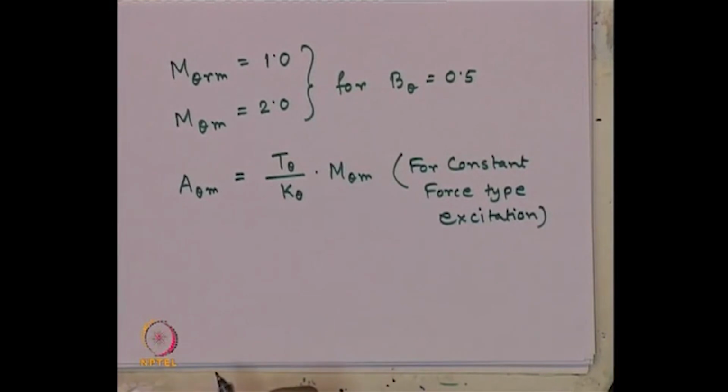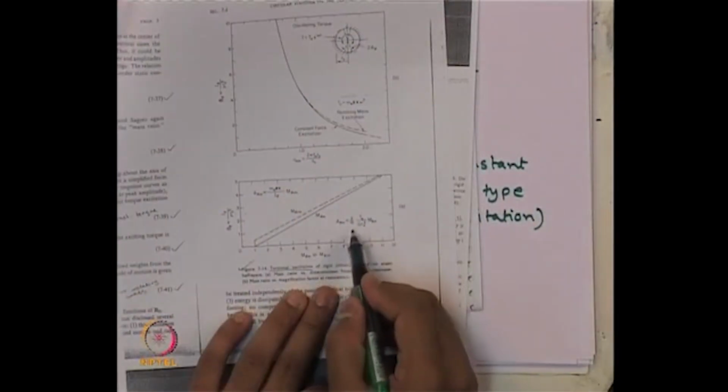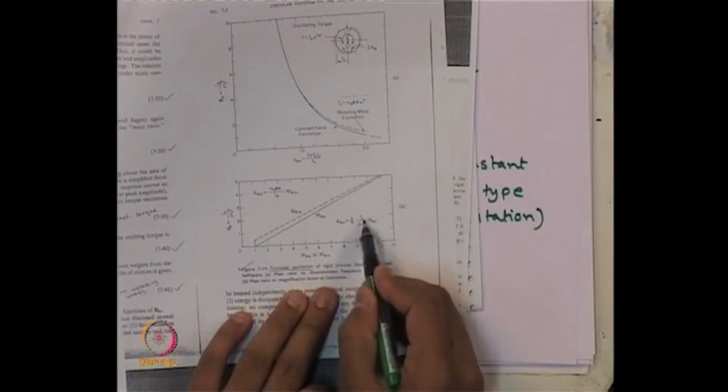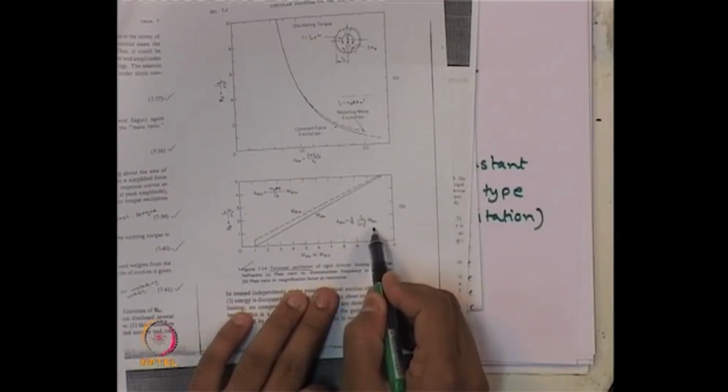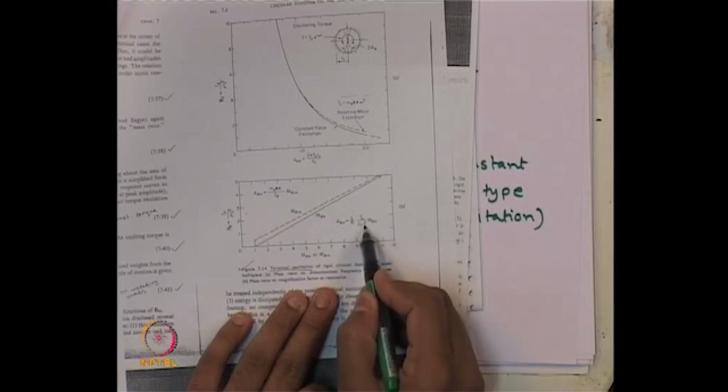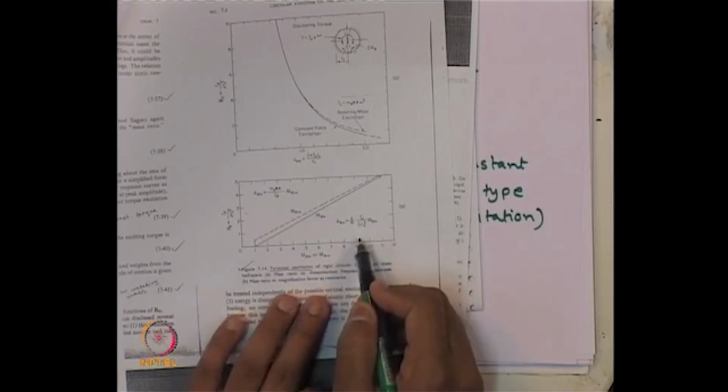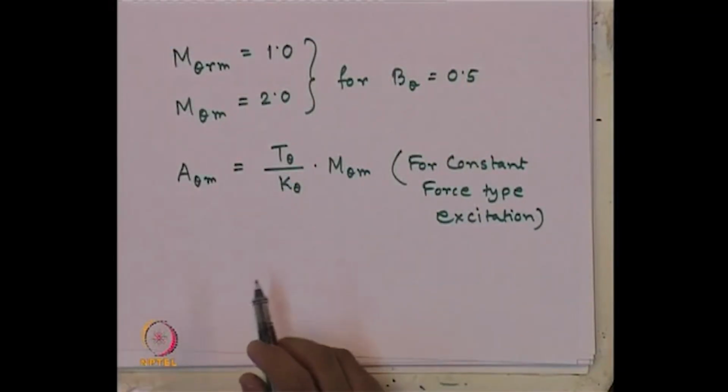Look at the design chart, it is also given in the design chart. A theta m is 3 by 16 T theta by G r naught cube into m theta m. So, G r naught cube times 16 by 3 is nothing but k theta, is it not? So, T theta by k theta into m theta m.